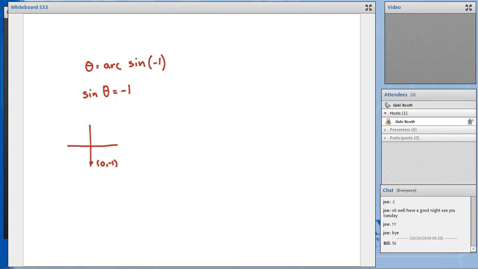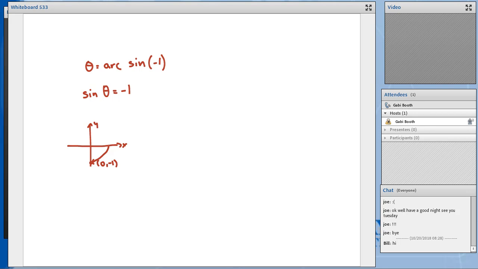Here's another problem. This time give the degree measure of the angle, and you're looking for the inverse sine of negative 1, which again means for which theta is the sine of theta negative 1? That would not be in a quadrant, it would be on the y-axis.